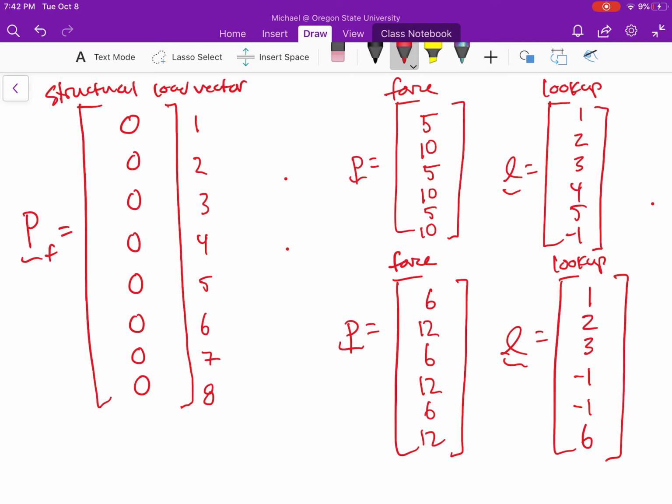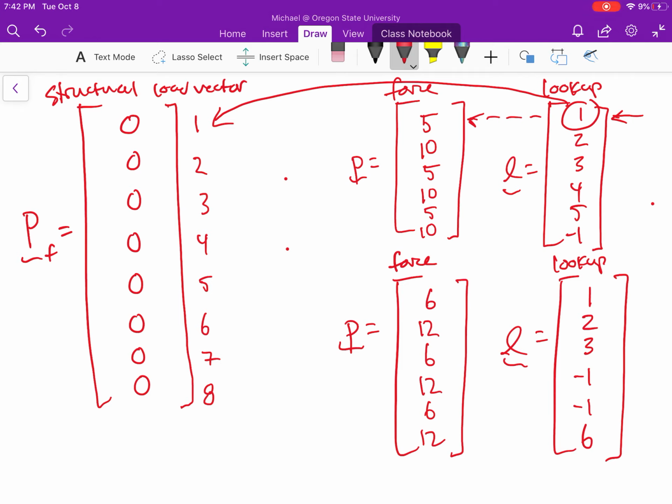Let's start here, with the lookup vector for the first element. The first value in this lookup vector is a 1, and the corresponding value is a 5. This says we need to look at the first entry of our load vector, P sub f, and add 5 to its current value.